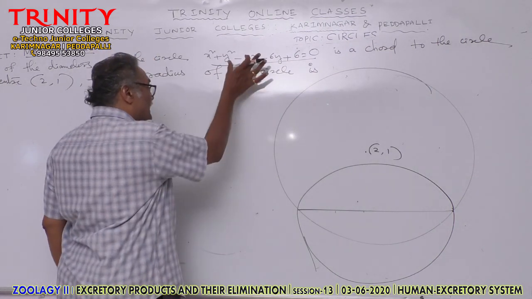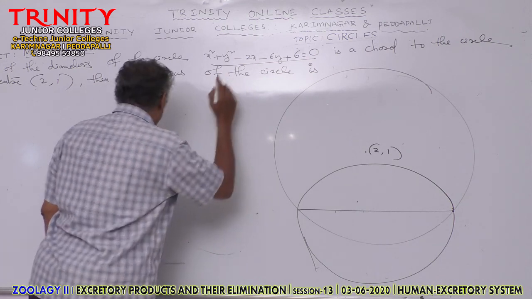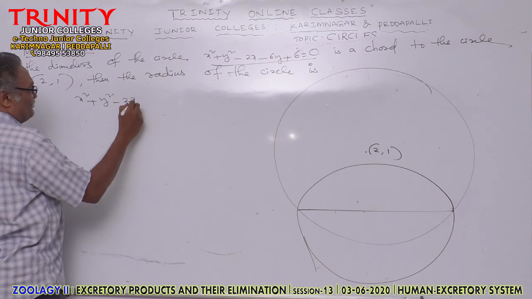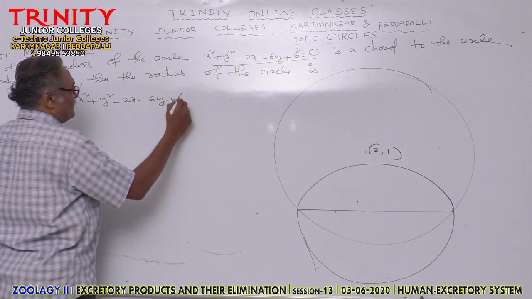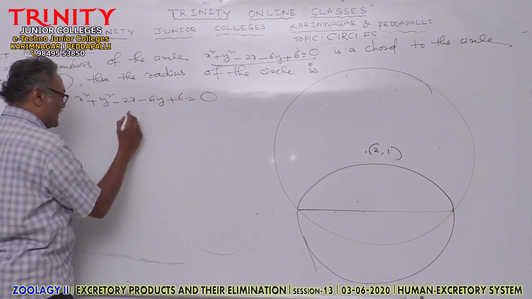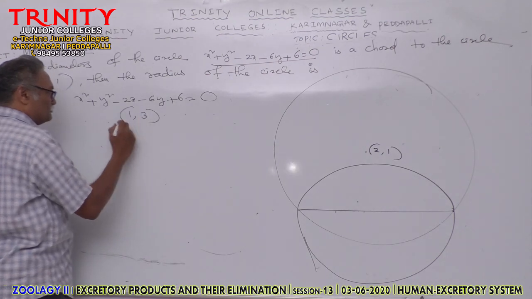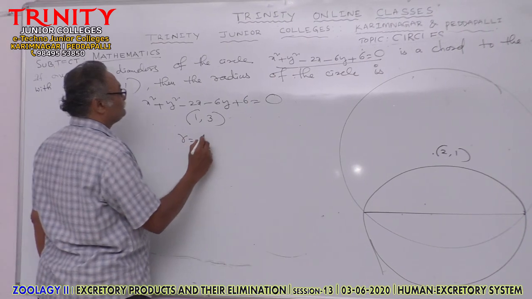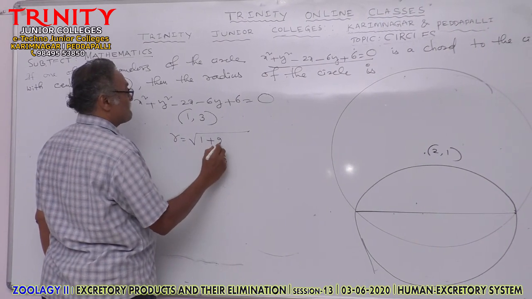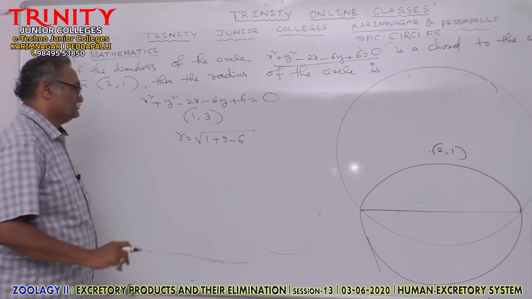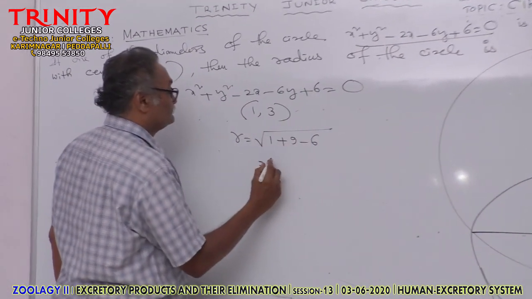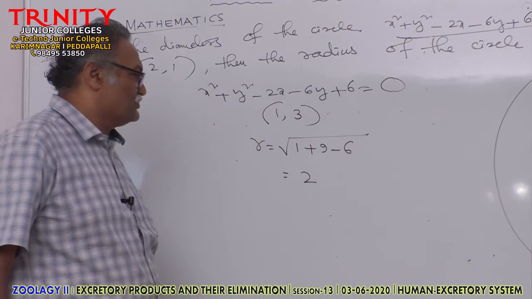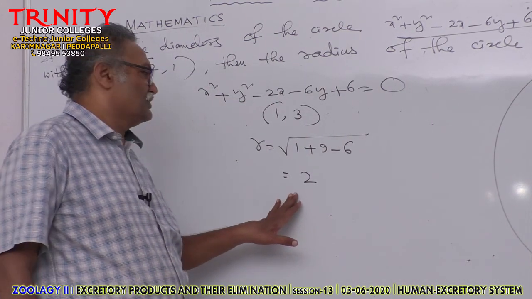Here, for the circle x square plus y square minus 2x minus 6y plus 6 is equal to 0, center of this circle is (1, 3). Radius of the circle is 2 units.